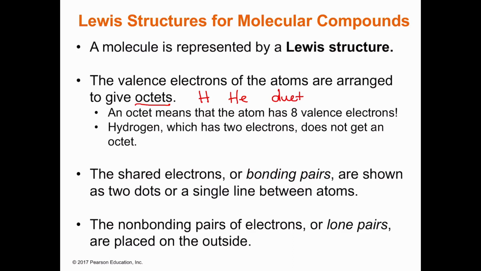The bonding pairs, so we're going to share electrons, right? We know in molecular compounds, electrons are shared rather than being transferred. And so when these atoms share their electrons, they form what's called a bonding pair. And we can show them 2 different ways. We can show it as 2 dots between the atoms because each atom is contributing 1 electron, right? So that's why we get the 2 dots.